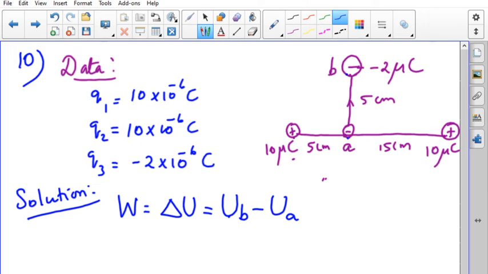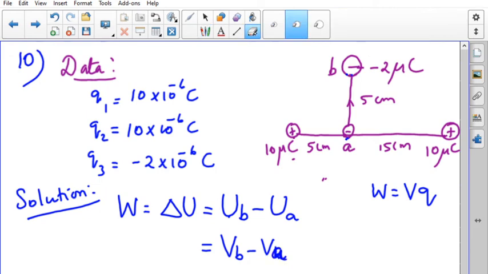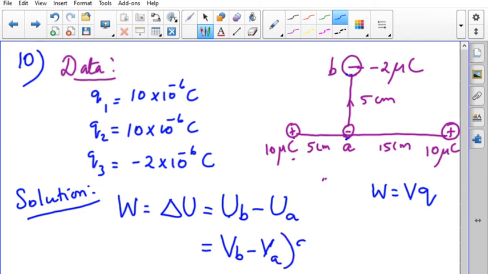UB is the potential energy at B, and UA is the potential energy at A. And we know U is equal to VQ, that is work done is equal to VQ. So we can write this as VB minus VA into Q.